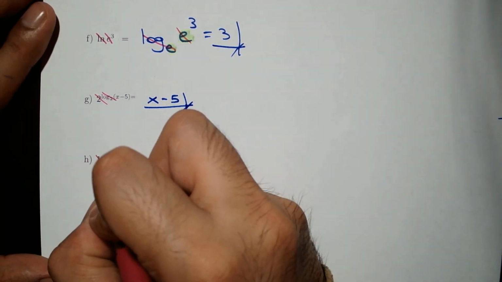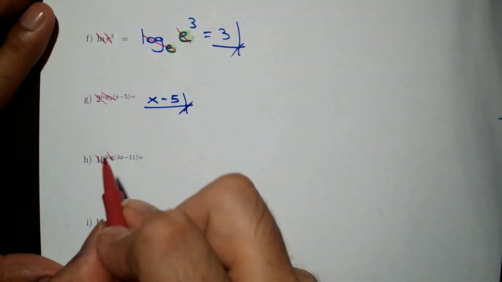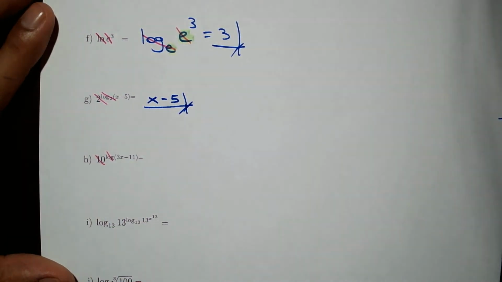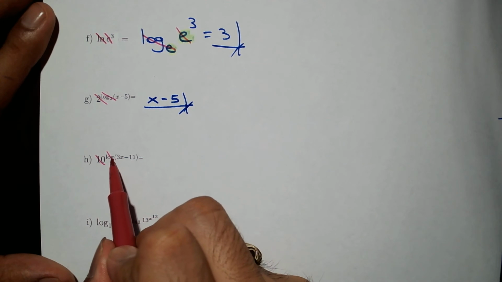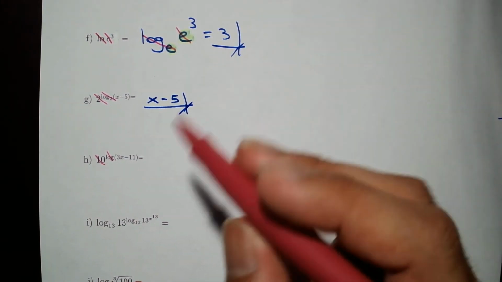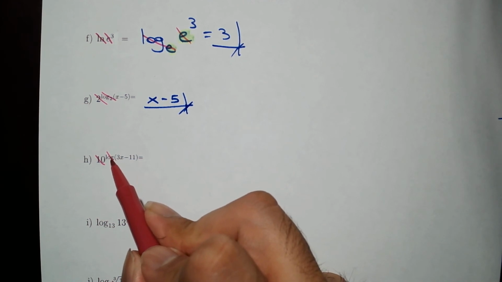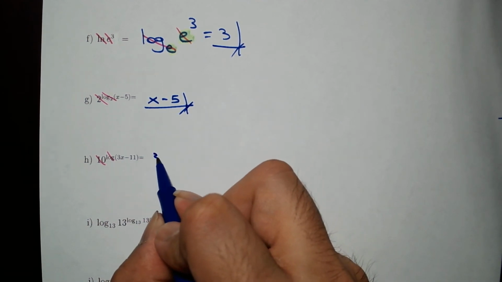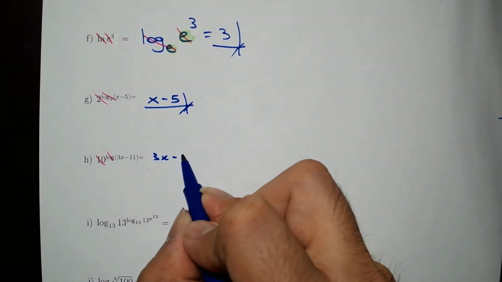We can just go boom, boom right here, because in this case the log doesn't have any subscript. Recall that when we have no subscript for the log operator, it should be understood that the base is 10. So the final answer, whatever remains, is 3x minus 11.